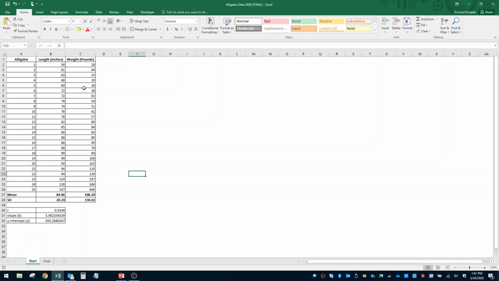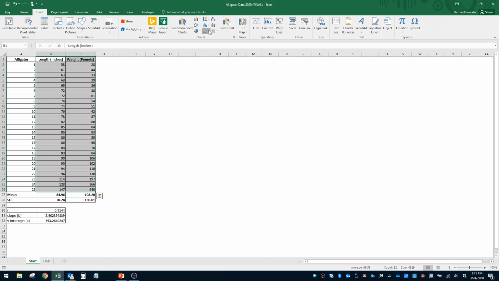I'll confirm that. I'm going to put up the scatter plot. I'm going to insert a chart, scatter plot.